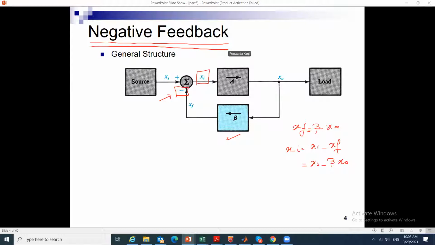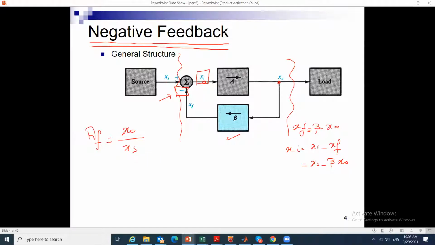So in the negative feedback configuration, if we try to define the system now, the direct relation between Xi and Xo still holds, but the relation between Xo and Xs we call Af, the overall gain from here to here: Xo over Xs is equal to Af.